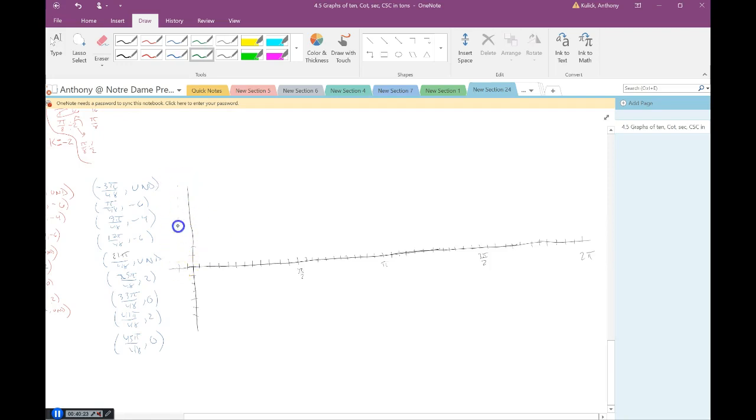So I'll draw in my asymptotes now. I'm just going to draw them as solid lines because I got this thing zoomed out so far it's probably hard to see the diagonals. So that's negative 3 pi over 48. And the next one is at 21 pi over 48. So that's 2, 4, 6, 8, 10, 12, 14, 16, 18, 21 is in here.